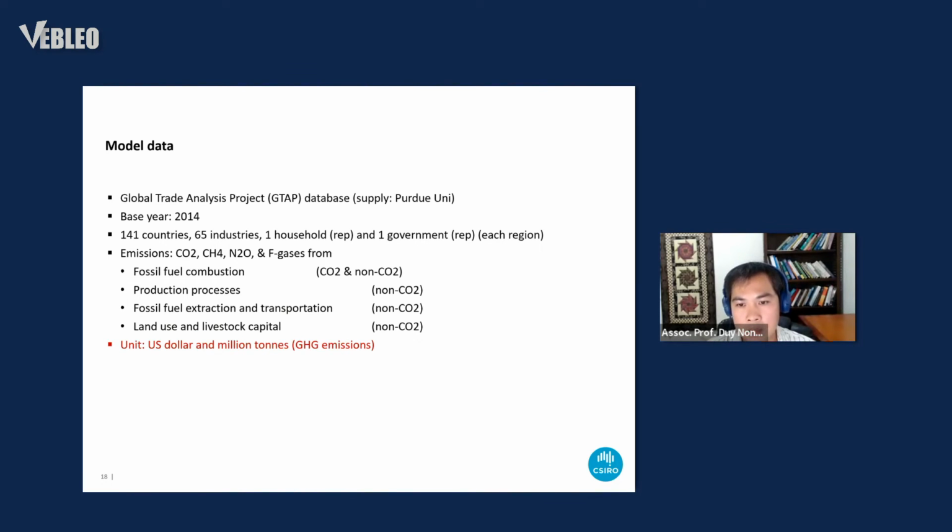That's why there is some year lag in the database. The database also has greenhouse gas emissions like carbon dioxide, methane, nitrous oxide, and other gases. The unit in the data is the US dollar, because we talk about monetary flows, and for greenhouse gas emissions, we have million tons.